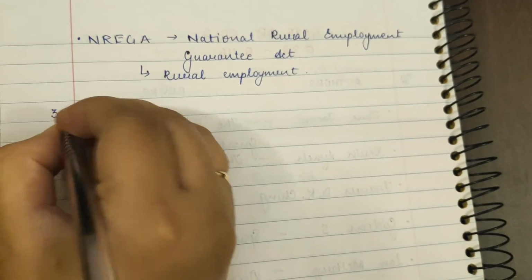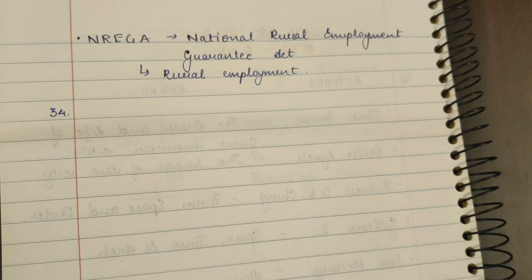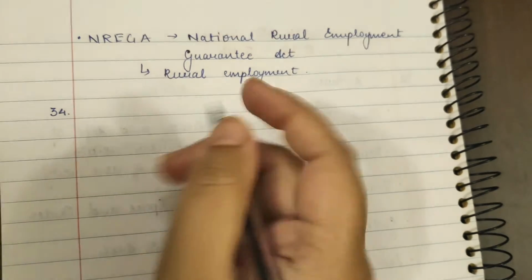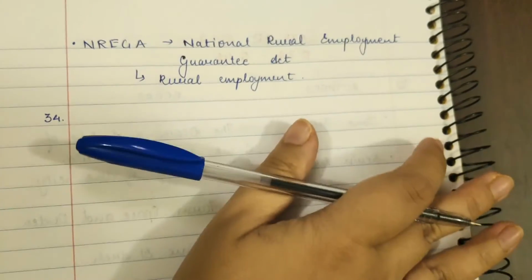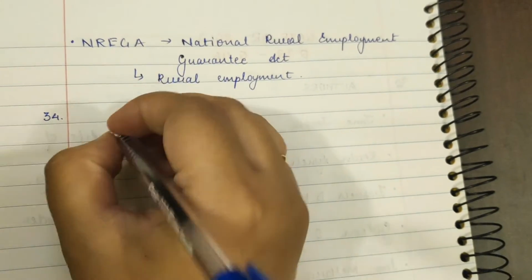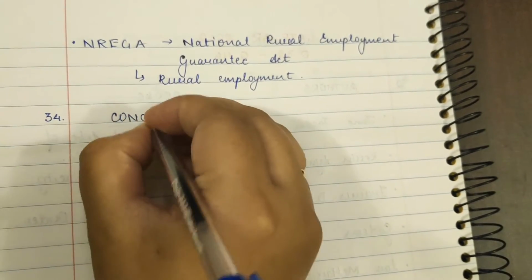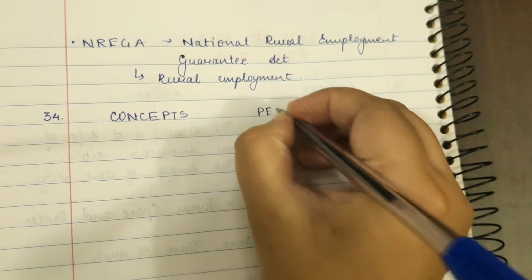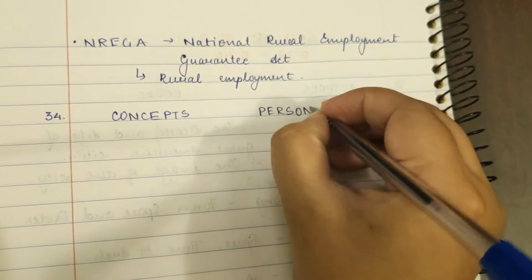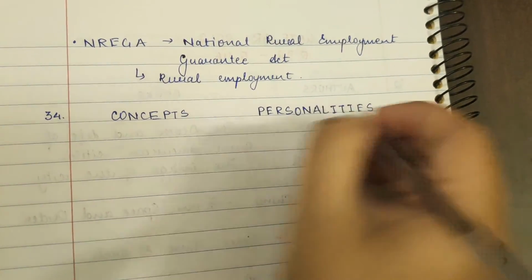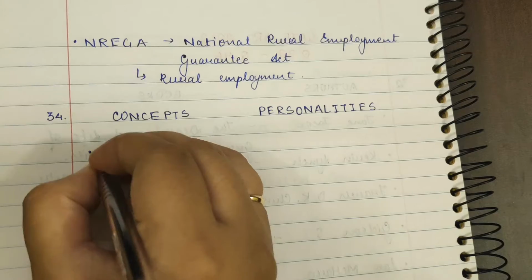Now moving on to question number 34. Match the concepts with personalities. So this personalities here means architects or philosophers because they were different. So I'll just write concepts, personalities. First we have linearity.